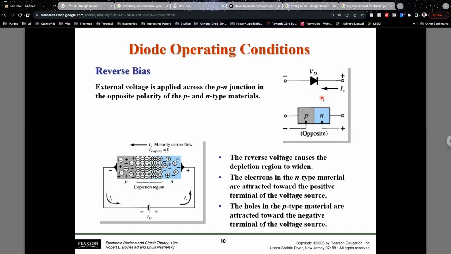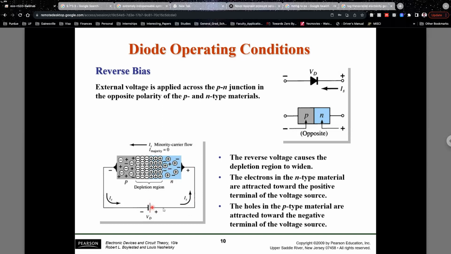So again, if you go back to this reverse bias condition, think about this. You have the positive terminal of the battery connected at the N side. There is one single hole over here in this cartoon diagram. Of course, because this is a cartoon diagram, I'm showing only one. There would actually be thousands, but in terms of the ratio, they will be much lower than the number of majority carriers.